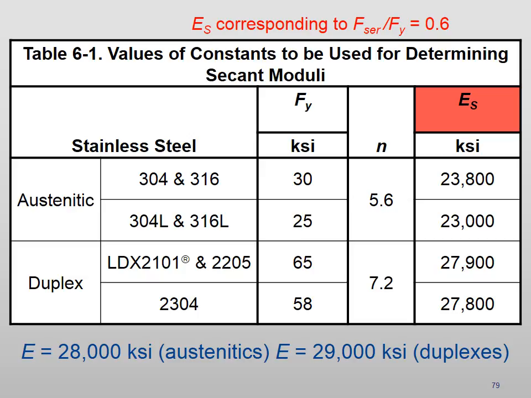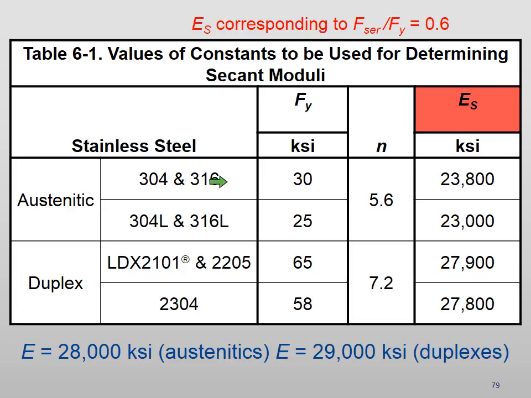So I've plotted on this table a worst case scenario, and it assumes that the ratio of your stress at the serviceability limit state divided by your design stress is 0.6. So you'd be unlikely to go higher than that.